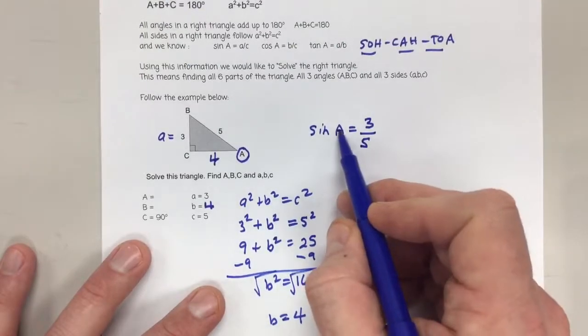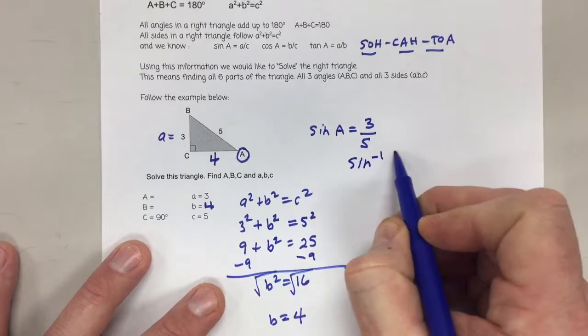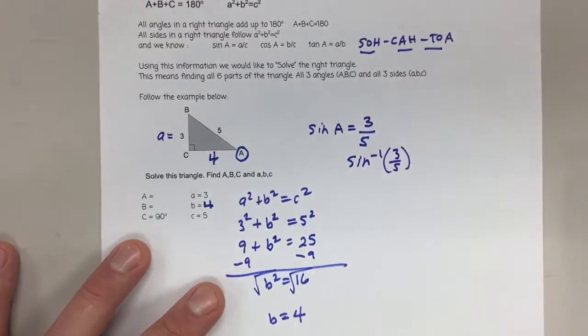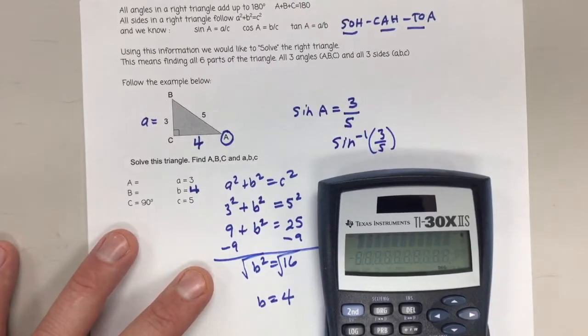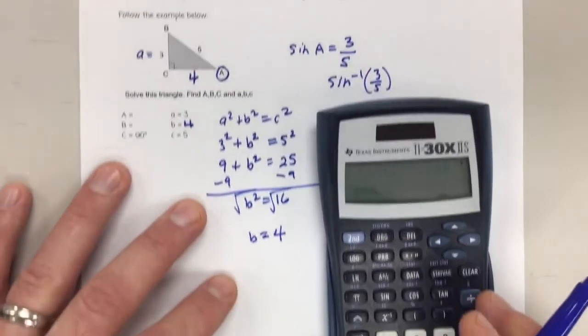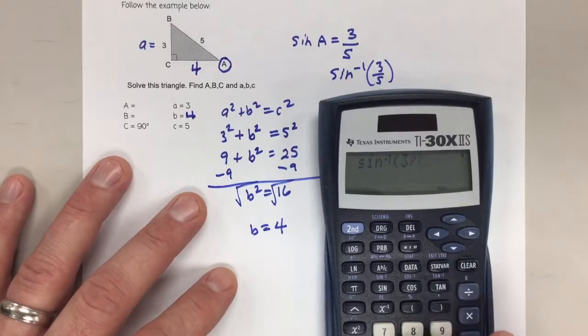And if you remember back to our lesson on finding angles, all I have to do is go sine -1 of 3/5. That'll give me the angle. So remember, sine -1 is above the sine key. So it's right there above the sine key. So I hit second sine -1, and then I do 3 divided by 5.